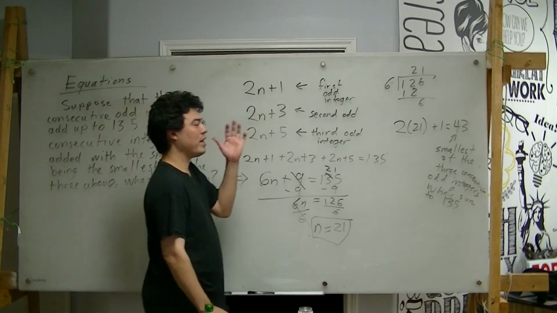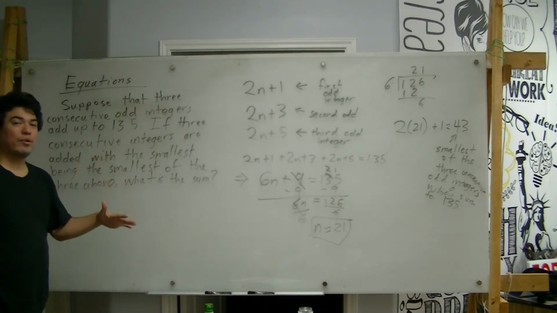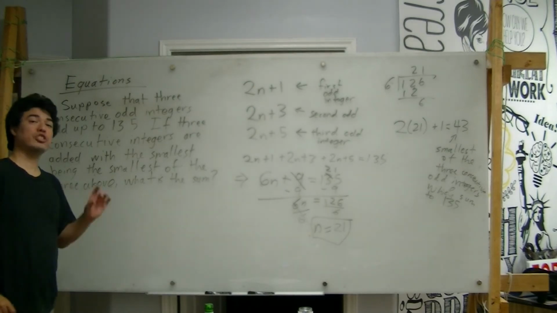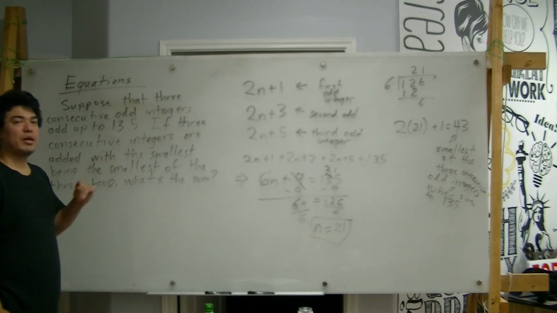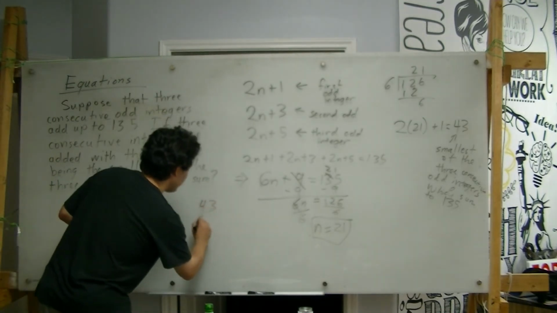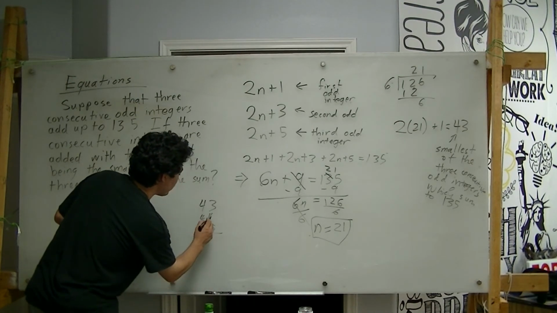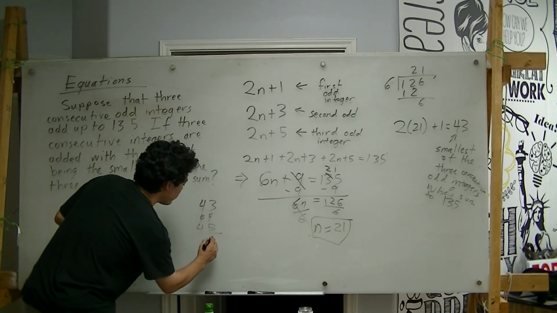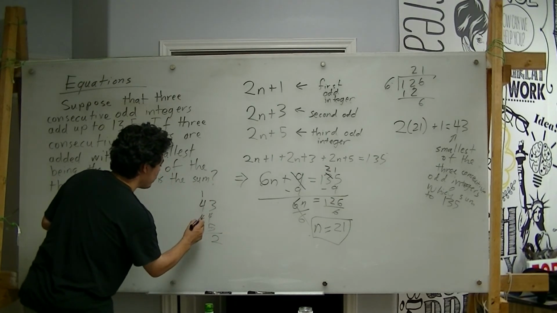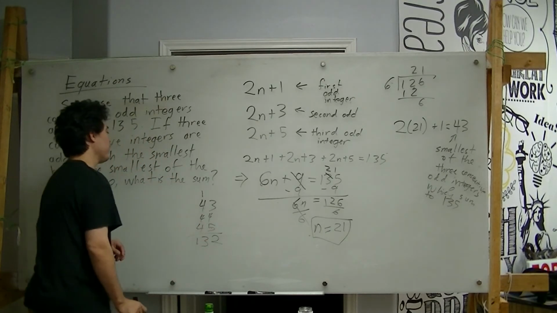And so the reason why that is now significant is that we're then going to take that number and the two next ones that are consecutive, not consecutive odd, just consecutive, and take their sum, and that'll be the answer to the second half. So it'll be 43 plus 44 plus 45, which will give us 5 plus 4 is 9, plus 3 is 12, so we put down the 2 and carry the 1. 1 plus 4 is 5, plus 4 is 9, plus 4 is 13, 132.